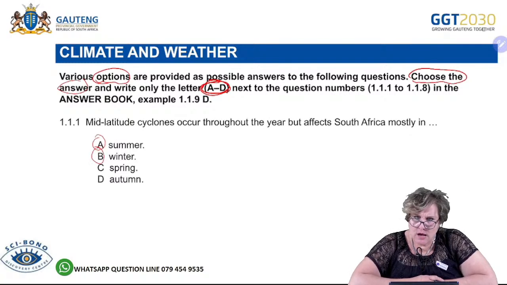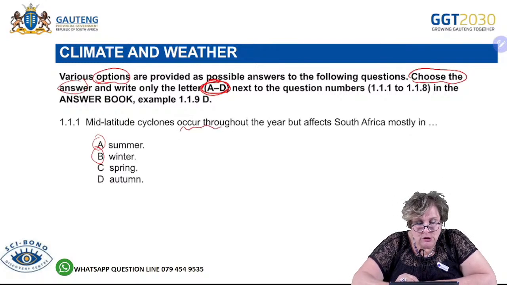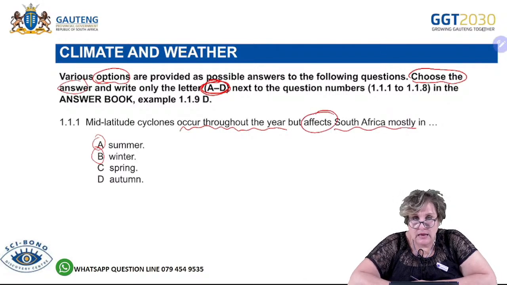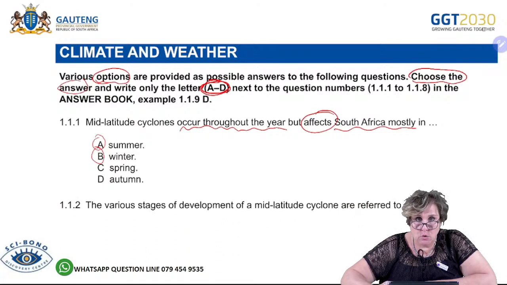So now I am very much sure that you know your mid-latitude cyclones, and the catch in here is that it occurs throughout the year, but that's not what your teacher told you. But here is the catch. It affects South Africa in which season? I'm going to give you a while I go to the next one. Think of that one and jot down your answer so long.